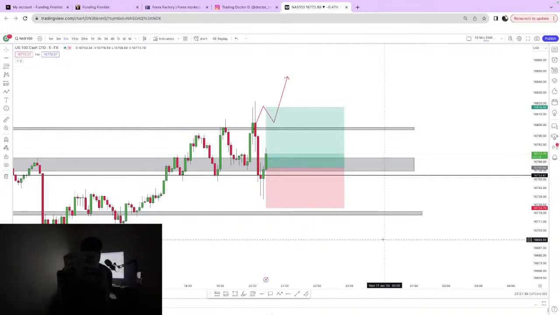There's no hard and fast thing behind this. So if we get this position, hit this 1.5 target, we'll be almost booking around $100 profit.